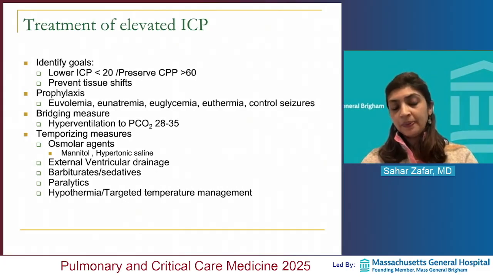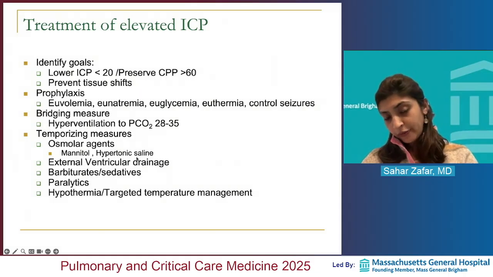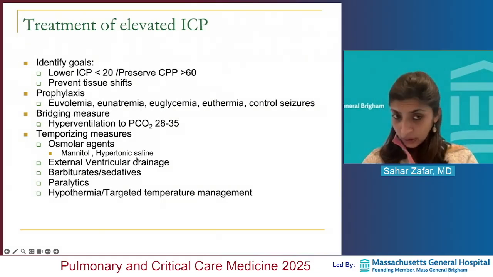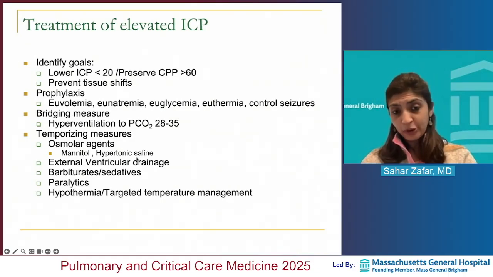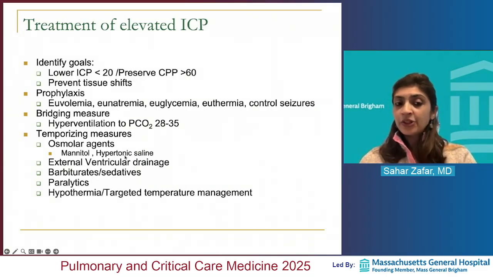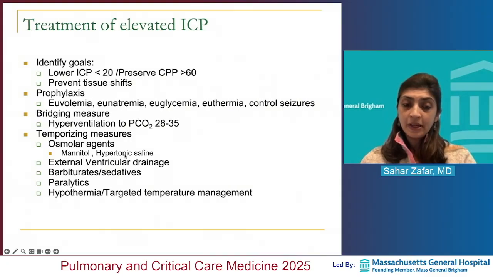Hypertonic saline, especially 23.4%, requires central access, although you can give a first-time bolus peripherally, but that can result in vascular necrosis. And in patients with heart failure, hypertonic saline can result in pulmonary edema and worsening edema. And so we typically use these comorbidities.